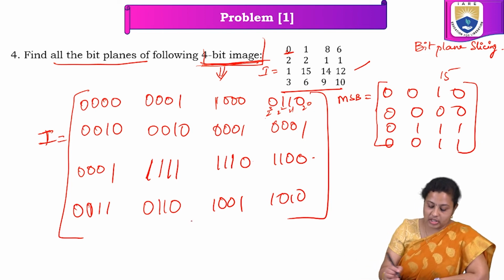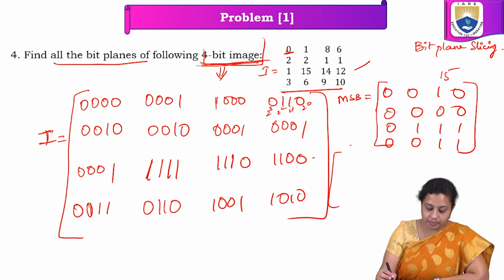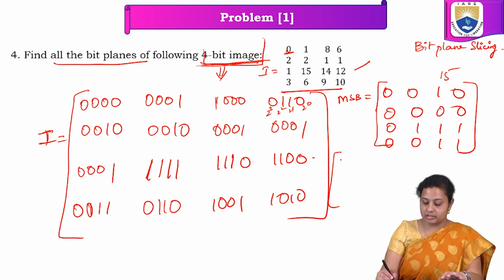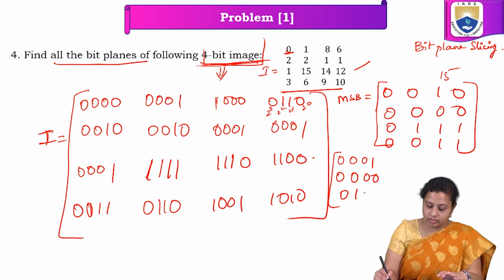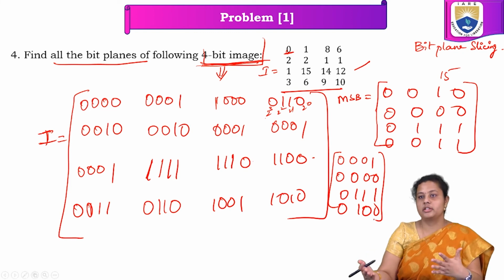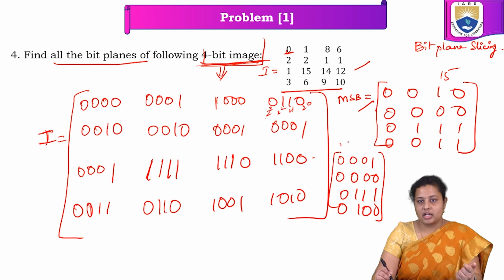Next we have the next bit plane, which has the next highest bit: 0 0 0 1 0 0 0 0 0 1 1 0 1, and the next row has 0 1 0 0. This is the MSB bit plane, and this is the second highest bit plane.